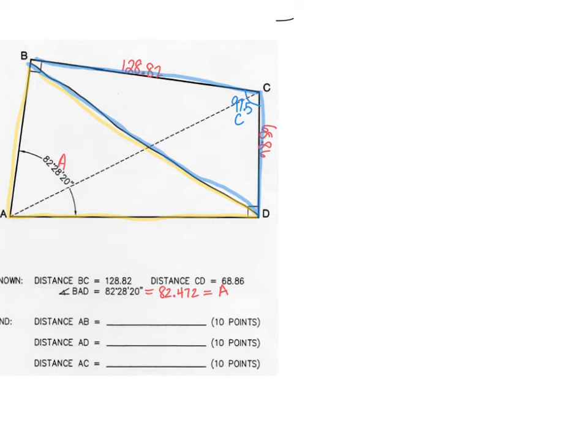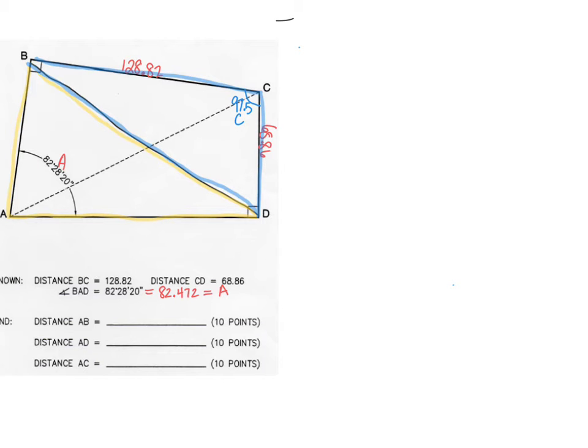I've got to work my way over into the other triangle, and so I'm going to go ahead and find BD. I could also go find some angle measurements in there, so I'm going to do that as well. Let's start off and let's do a law of cosines problem. And I'm going to look for BD.